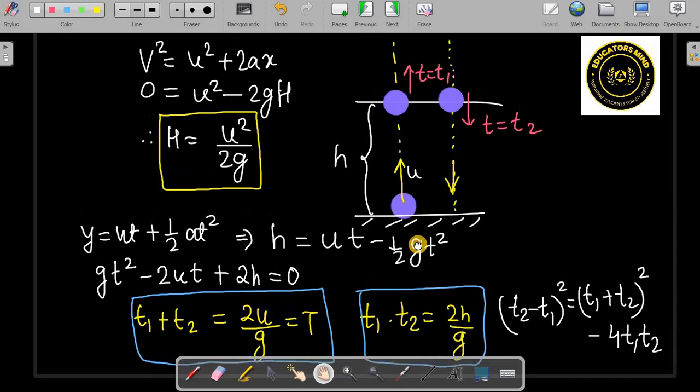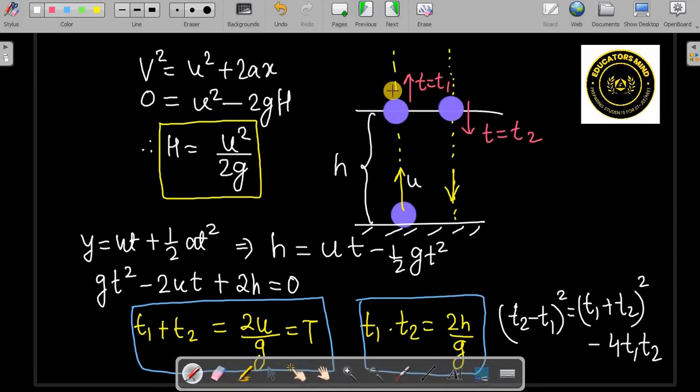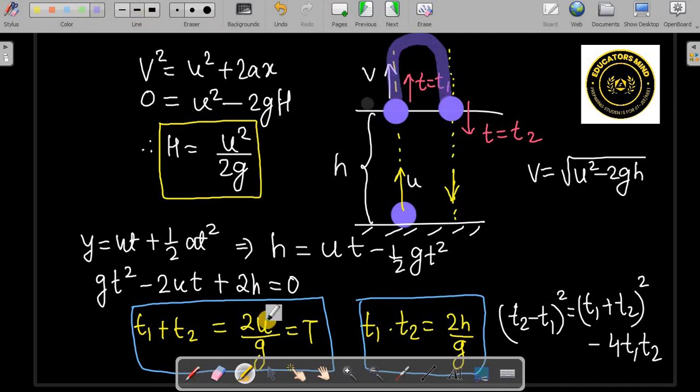If you calculate the velocity here, let's say at this point, some velocity will be there. So what is this velocity? If you calculate, this velocity will be root under u square minus 2gh, right? Now from here to here, this interval difference means what? T2 minus T1 means how much time this takes, right?